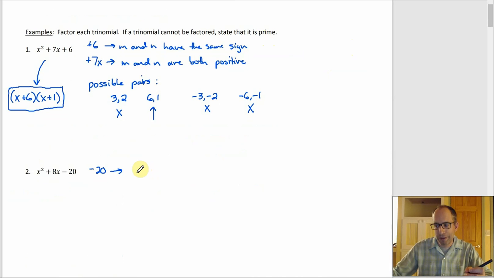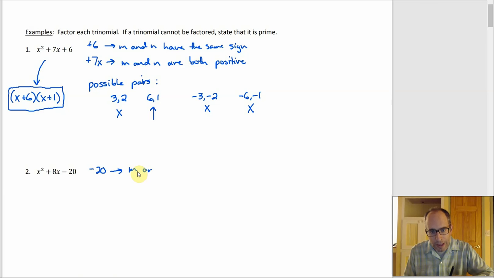It's either a positive times a negative or a negative times a positive, because you know you have to get a negative for the product. So if you're getting a negative constant down here, that means that m and n have opposite signs. So one's positive, one's negative.